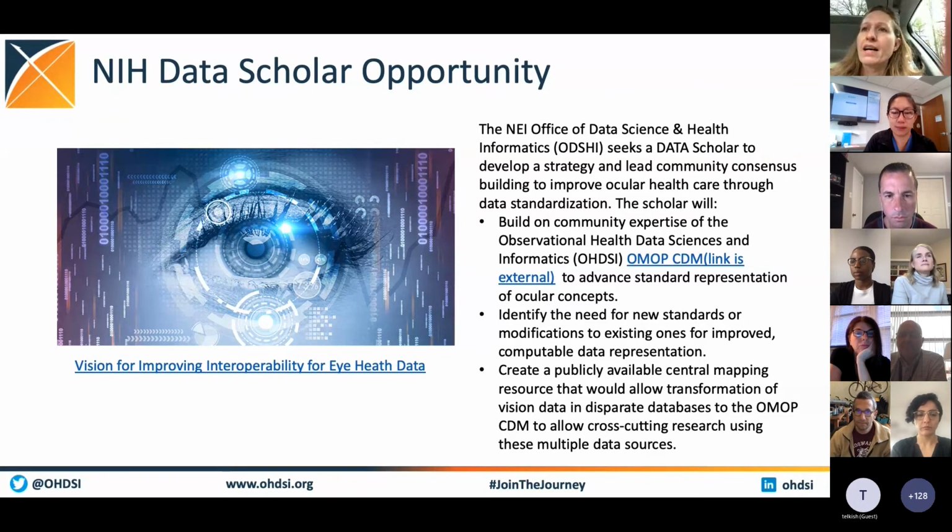We are going to use a collaboration with the NIH Office of Data Science Strategy and the NEI Office of Data Science and Health Informatics to support a data scholar position to help us lead strategic development and get ramped up with OMOP CDM, with some dedicated effort.